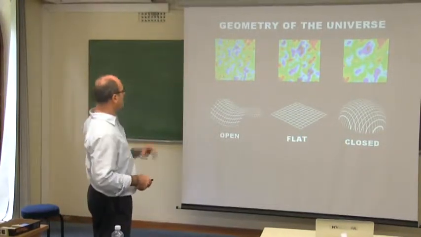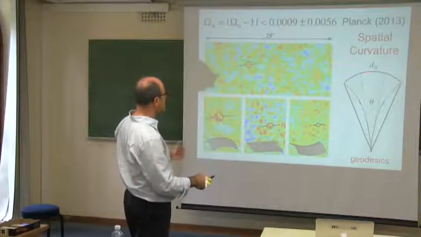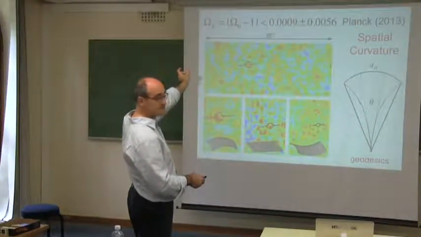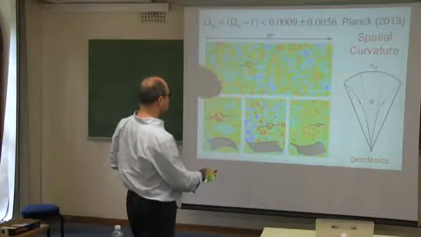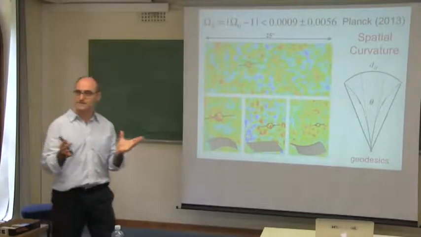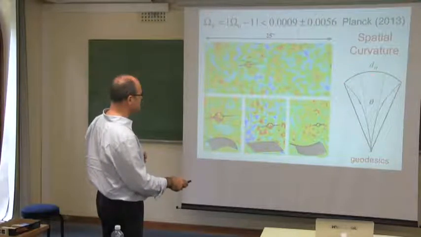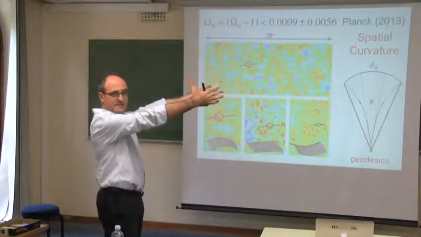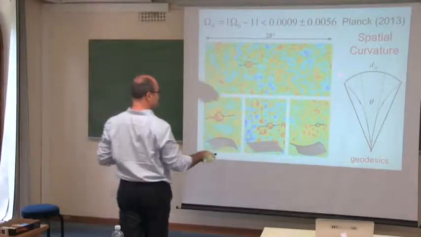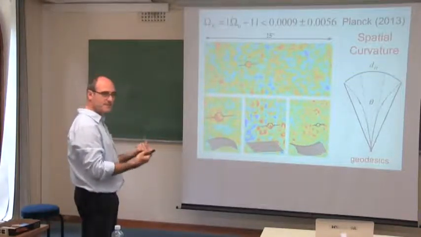Now, the projection on the sky is such that, if this is the size of your horizon at the scattering surface, and the universe is perfectly flat, that is Euclidean, the trajectories of photons would go along straight lines. That's what light does in a Euclidean space. And therefore, the angle subtended by the last scattering surface is given by what you predict from the time at which the photons left, because that gives you a scale. That scale can be compared with the angle that you observe, and from here determine the curvature of space.